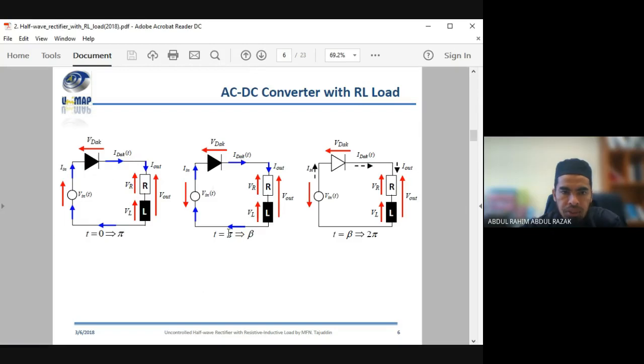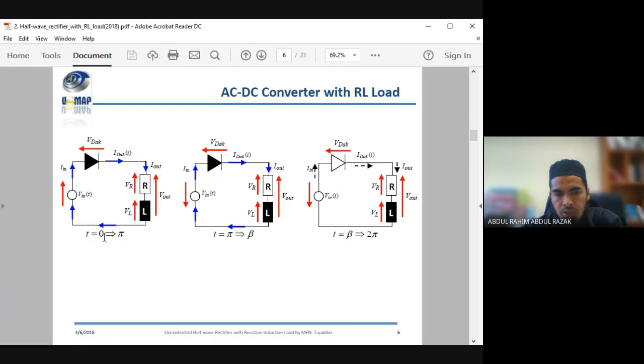Okay, in the first place, if you take a look at your circuit here, we plot the phase from 0 to pi, in time domain.